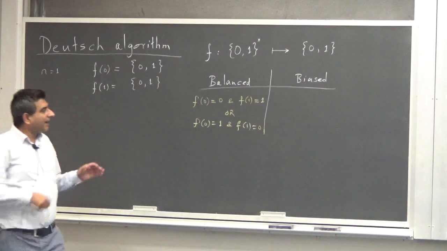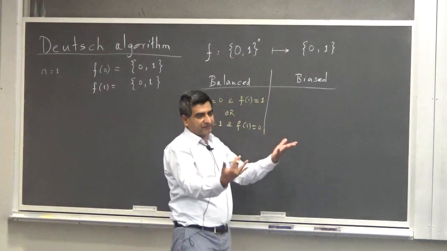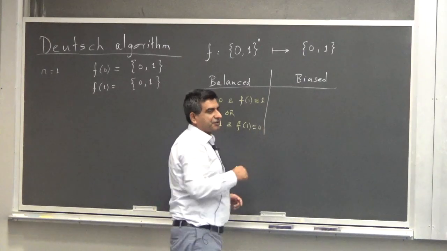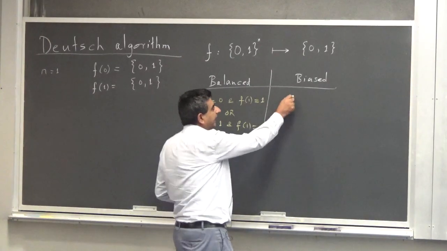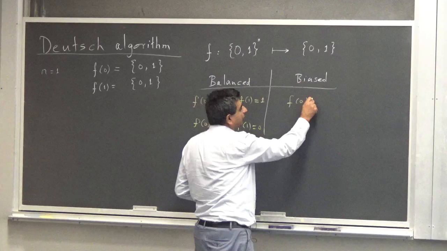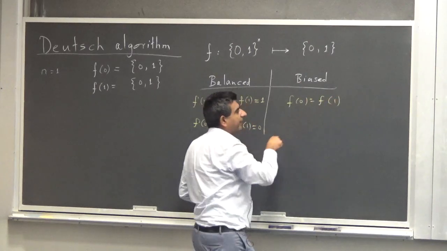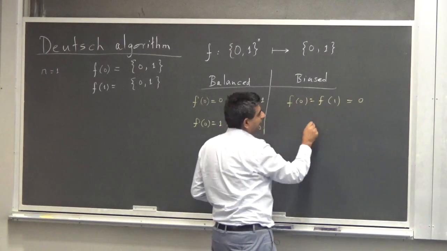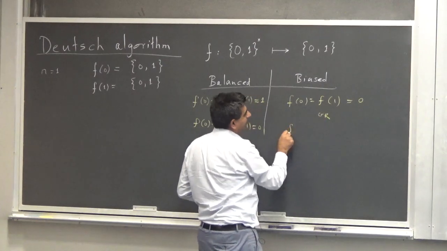The other kind of function is a biased function. And in a biased function, as you can imagine, f acts on 0 and the output is the same as when f acts on 1, and this output could be 0 or it could be 1.